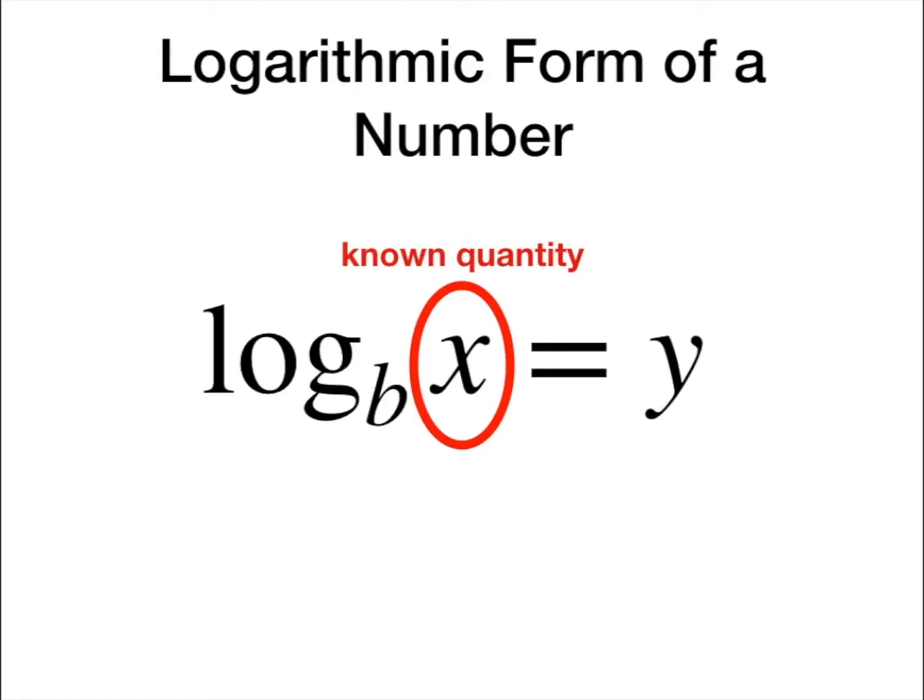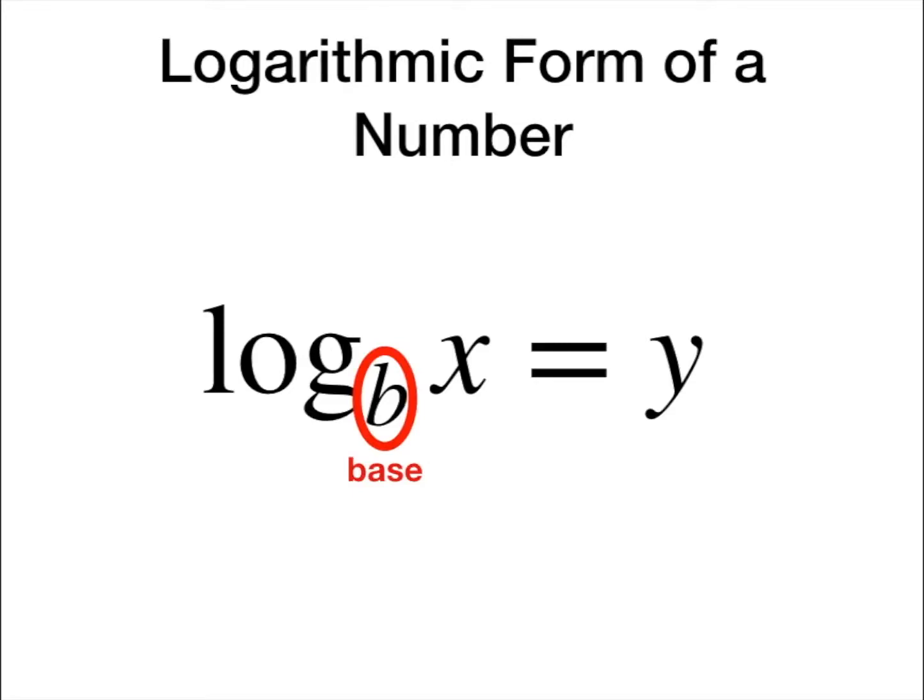In a similar fashion, numbers written in logarithmic form have various parts. As you can see here, the one encircled is a known quantity x. The subscript is the base b.